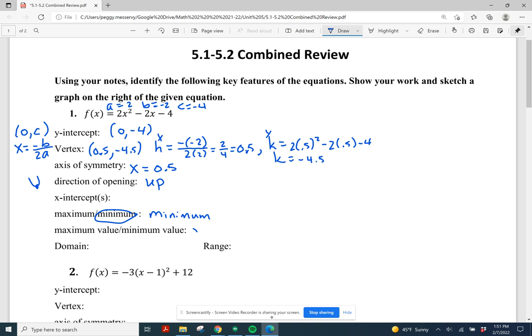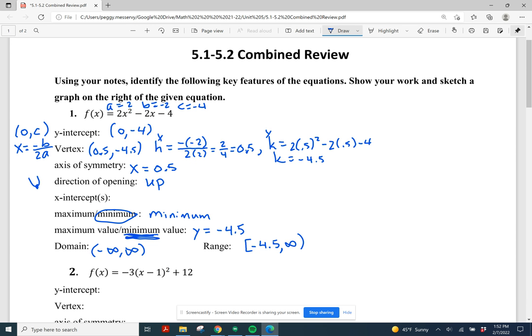And that minimum value is y equals -4.5. My domain is going to be -infinity to infinity. And for the range, when the parabola opens up, remember it's square bracket and then the k value, which is -4.5. And then we're going to go to infinity.